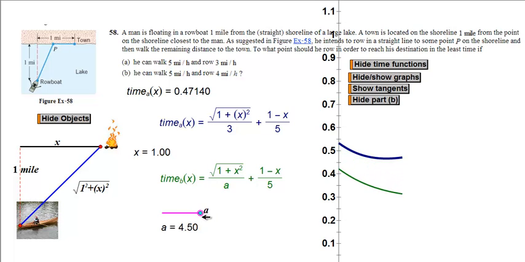But as I increase the rate at which he rows, you can see that the total time decreases, and you still basically have a function that is also decreasing. Which makes sense, right? Because he's rowing faster, so the amount of time is going to be less.